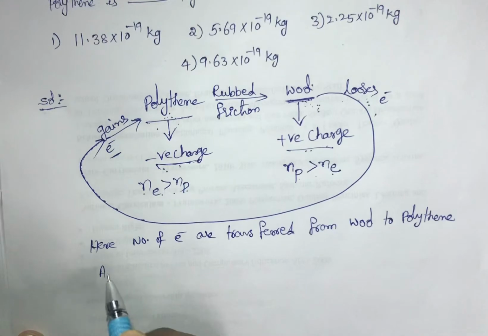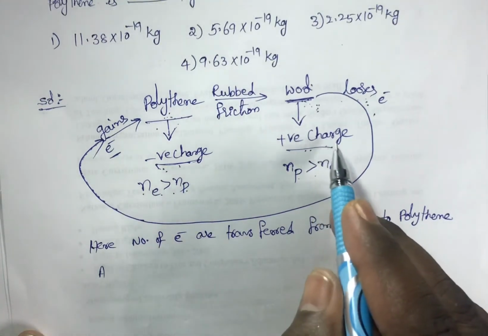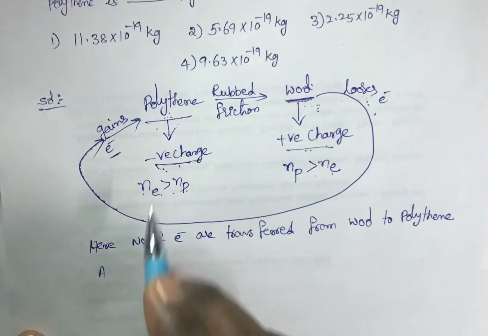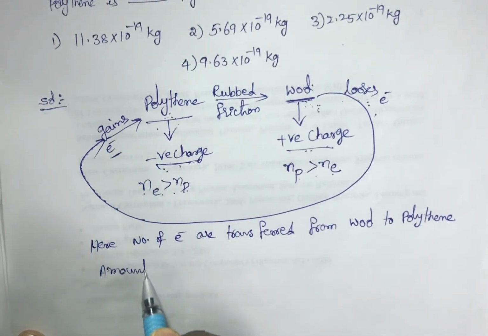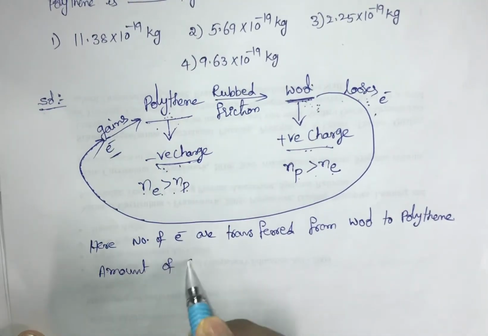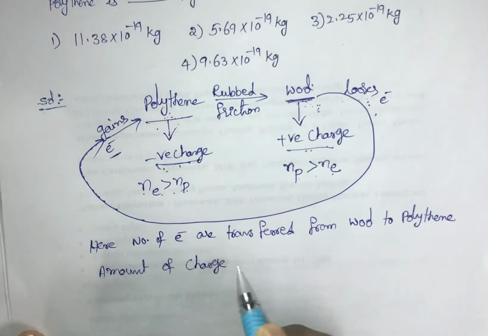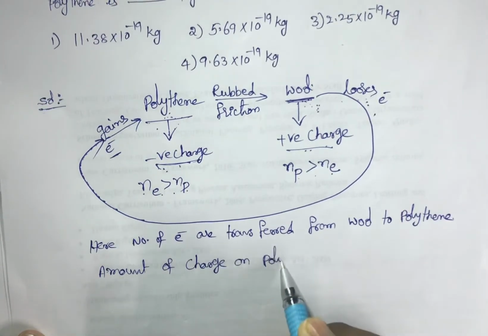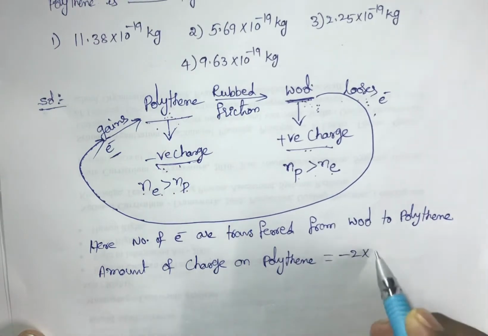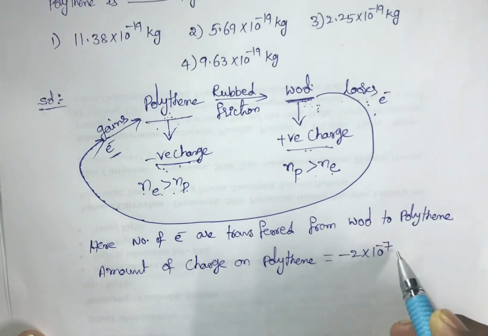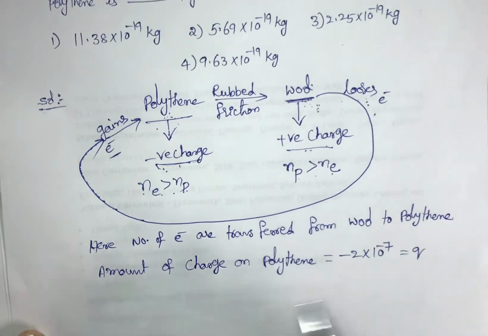After transferring the electrons from wool to polythene, polythene gains this amount of charge. How much charge? The amount of charge on polythene is minus 2 into 10 to the power of minus 7, which they gave in the question.